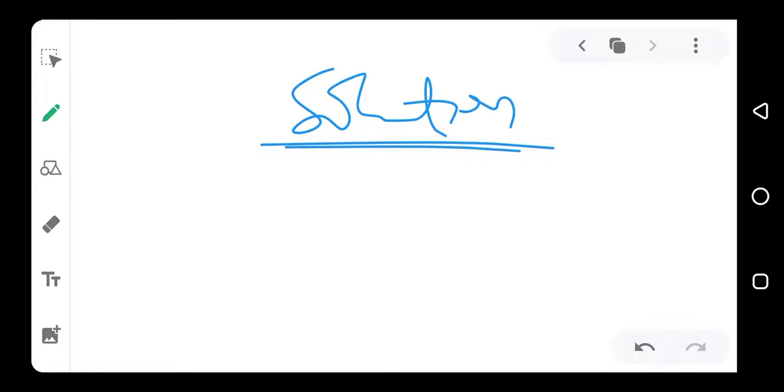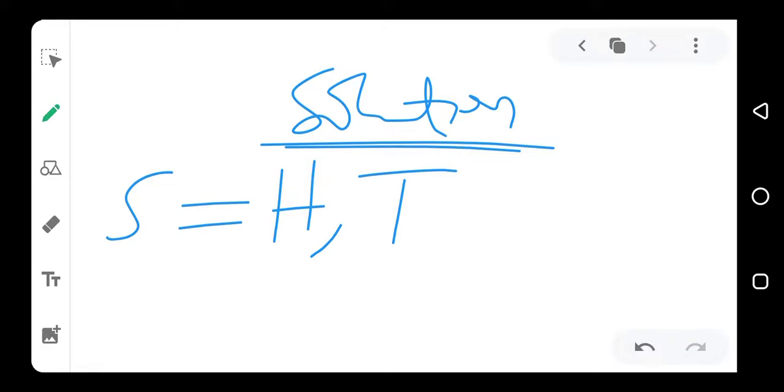Now in this case, the sample space when a coin is tossed once is, we get head or we get a tail. So the sample space is only 2. We can either get a head or we get a tail. So sample space is equal to 2.